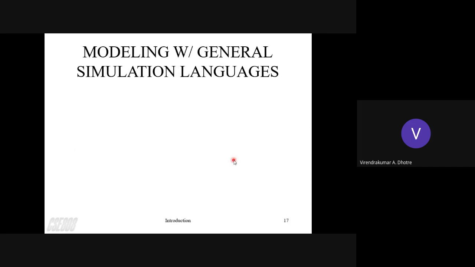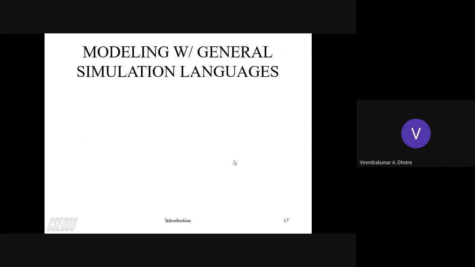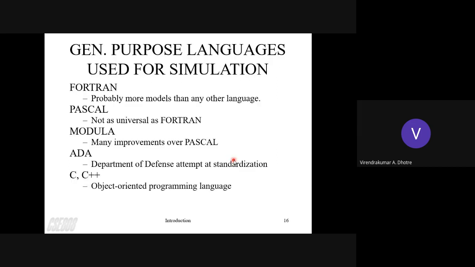We list a few of them: Fortran, Pascal, Modula, ADA, which is used for the Department of Defense so that they can go for standardization processes. C, C++, you know it, an object oriented programming language.